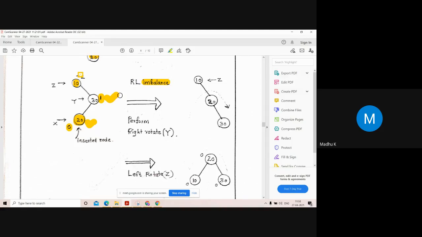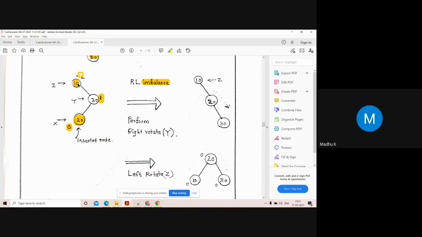So what we want to do is go from this node to this node. This is the imbalanced node. For example, we follow the path from the newly inserted node to the imbalanced node and find out how this imbalance came.